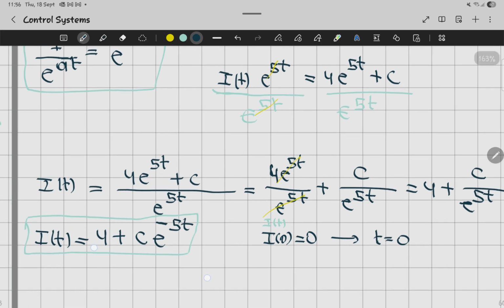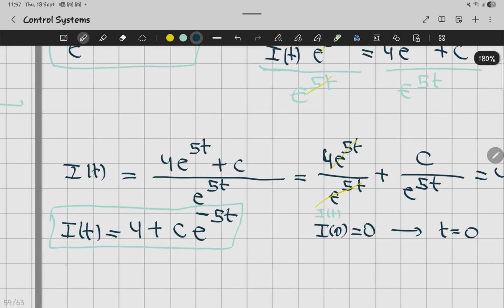Okay, so I'm going to replace it into this equation. So we have something like this: i(0) equal to 4 plus c e^{-5(0)}. So we're going to replace t with 0.